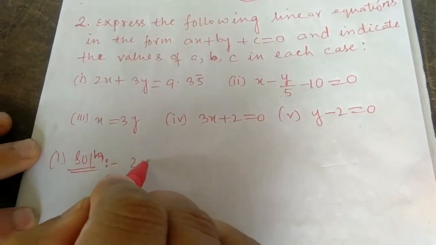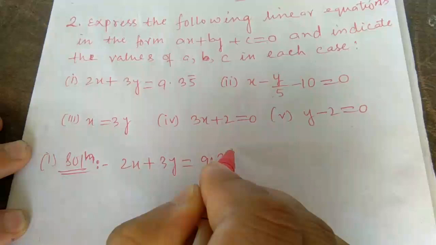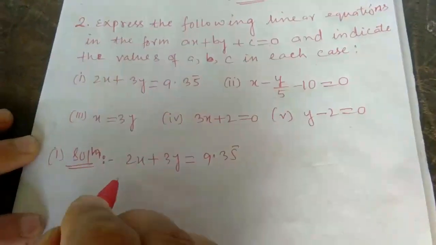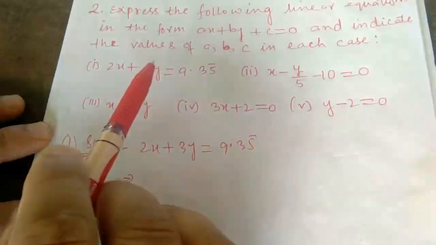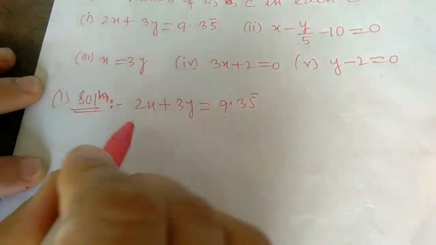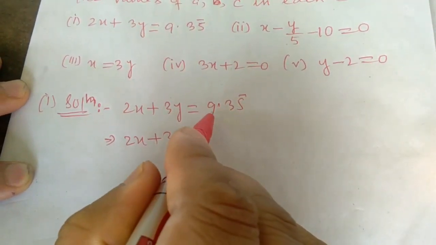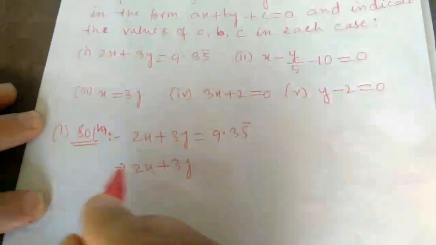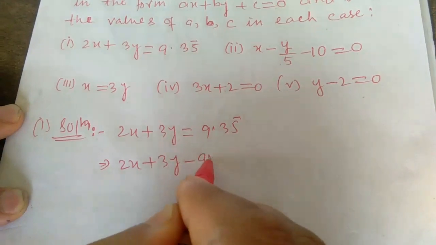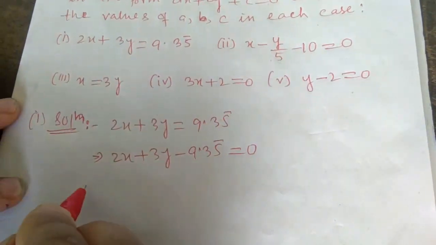Number 1, twice x plus 3y equal to 9.35 recurring. It is to be put in the form ax plus by plus c equal to 0. So first we have to bring all the terms to the left hand side. Twice x plus 3y, this is plus; if you bring 9.35 recurring to the left side it will become minus, and that should become 0.